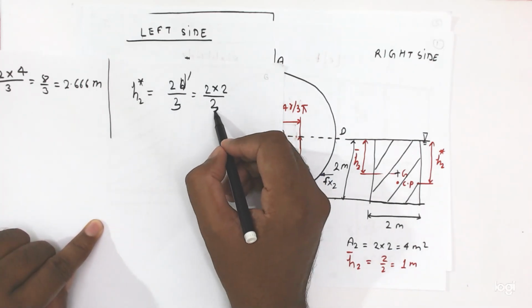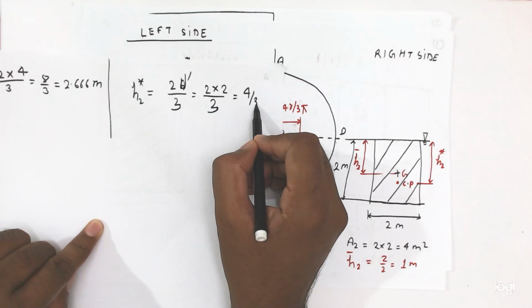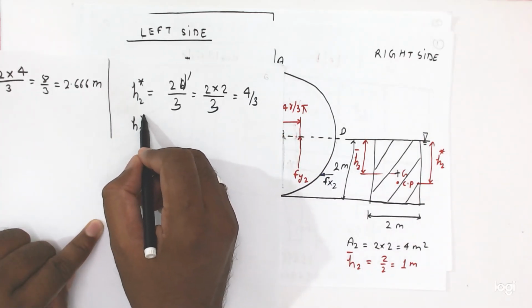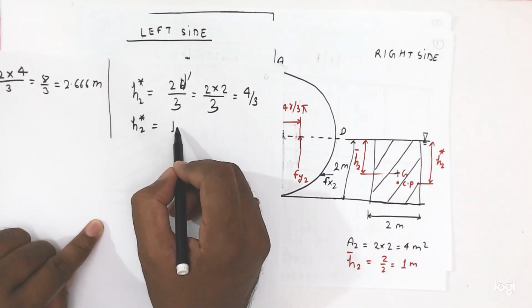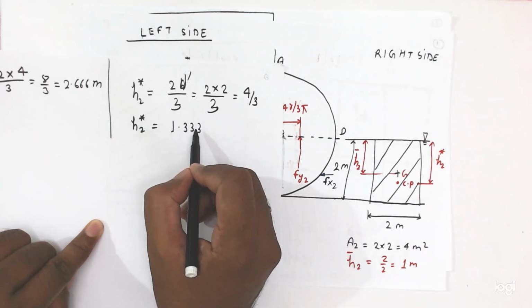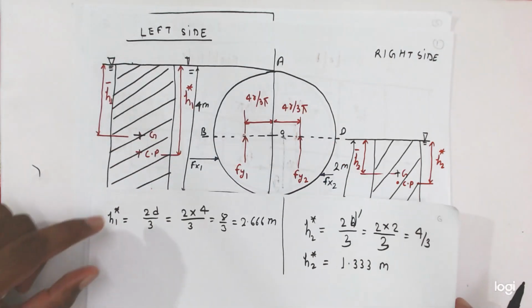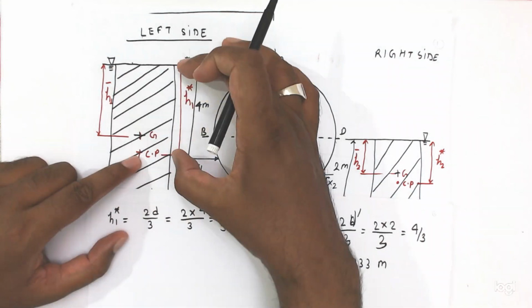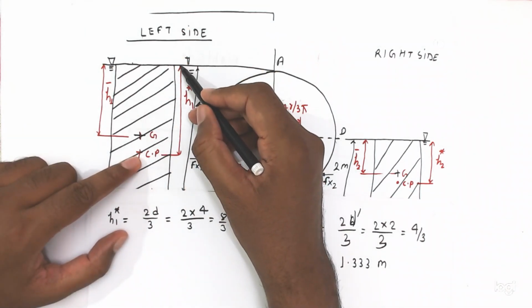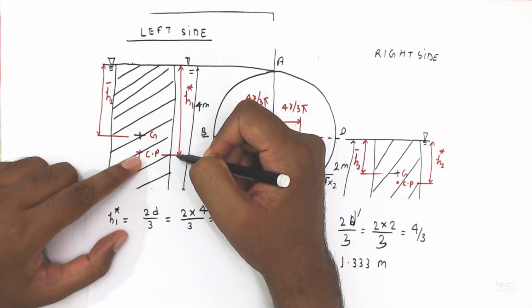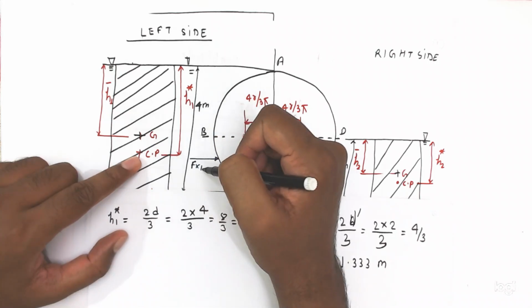So from here this is 4 by 3. So H2 star is equal to 1.333 meter. Getting friends? It means from the water surface to this point, Fx1 is working.